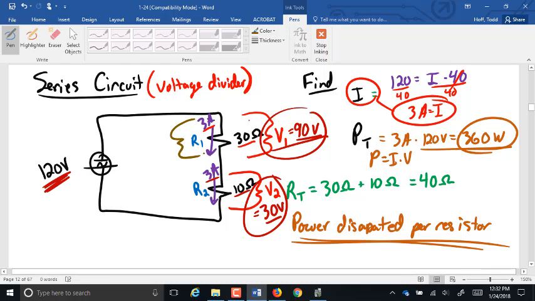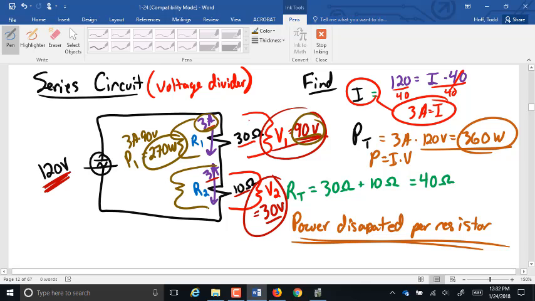So our power dissipated is current times voltage. 3 amps times 90 volts is 270 watts across R1. That would be P1, the power dissipated on resistor 1.